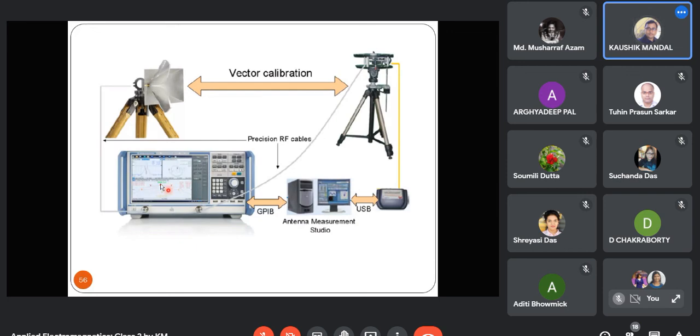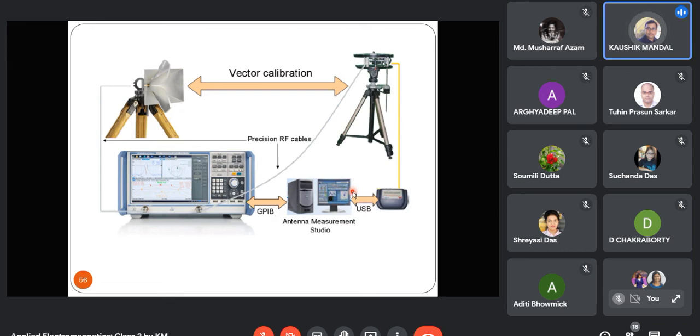This is the vector network analyzer. This is the receiving antenna. This is basically the antenna mount. That antenna mount can be rotated vertically as well as horizontally, and it is totally controlled by this particular software.